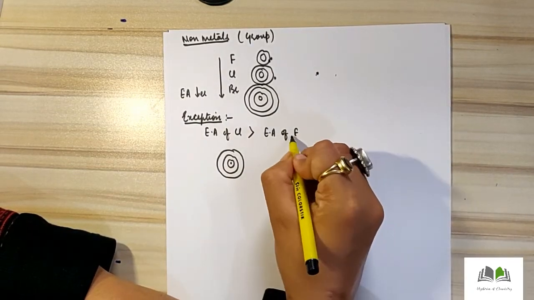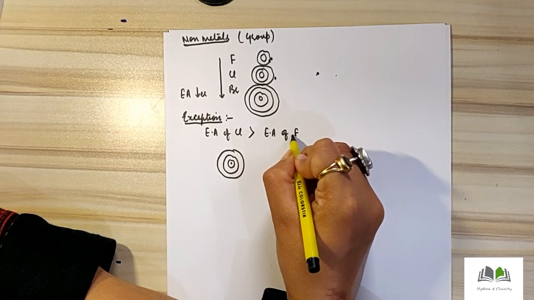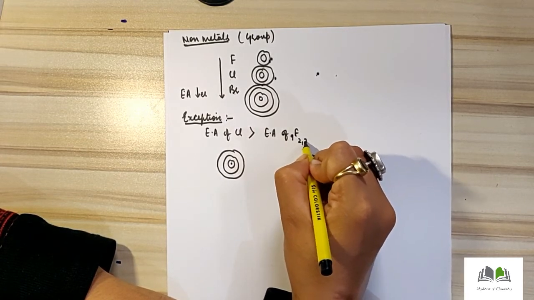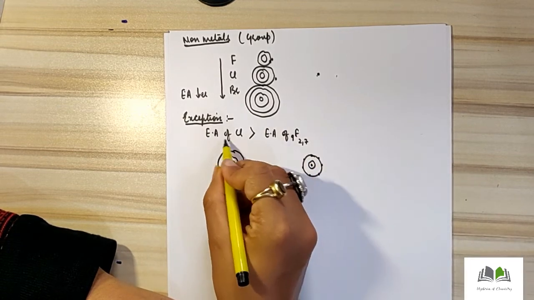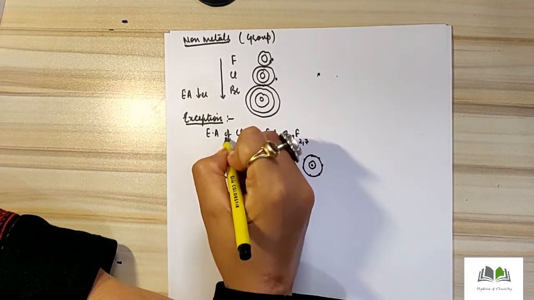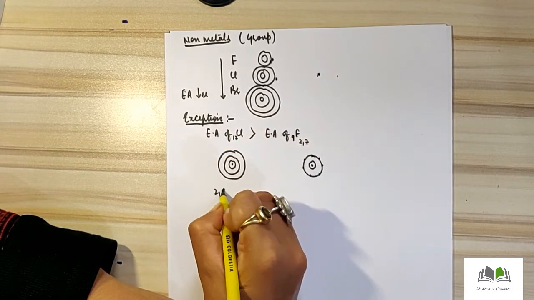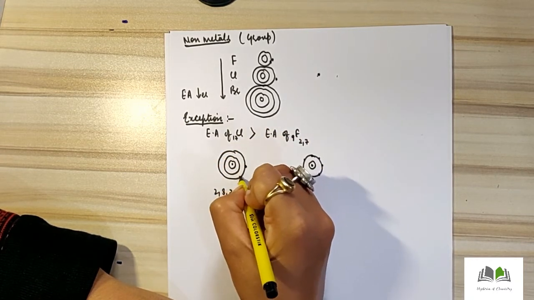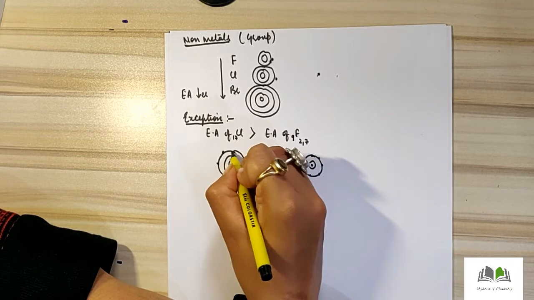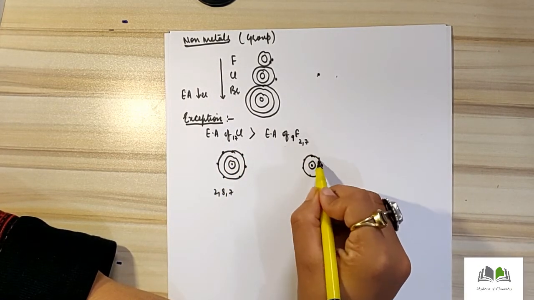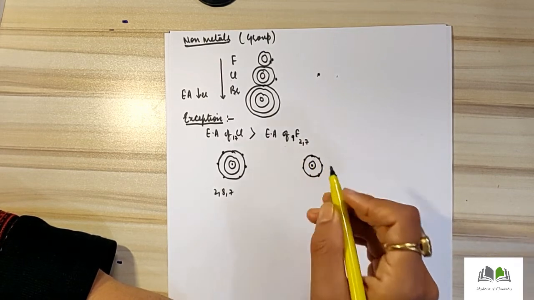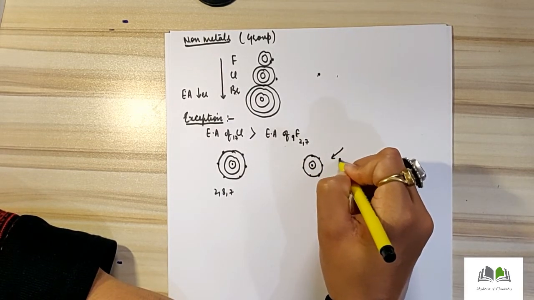In case of fluorine, we know that the atomic number is 9. The outermost shell has 7 electrons. In case of chlorine, the atomic number is 17, so the outermost shell again has 7 electrons. But due to the smaller size of fluorine, there is inter-electronic repulsion when it gains 1 extra electron.